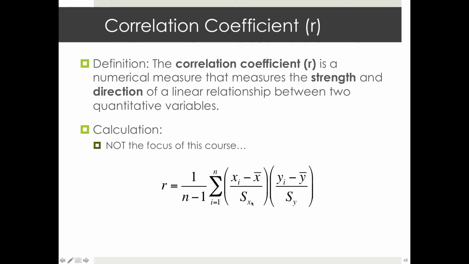And it turns out that even this calculation right here is somewhat complex. So we're not going to worry about how to apply this formula. Instead, we're going to focus on this idea that R tells us the strength and the direction of a relationship, and we're going to rely on technology to give us the value of R for a given data set.